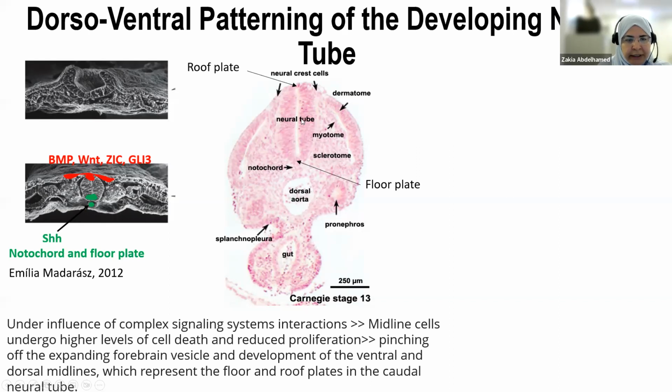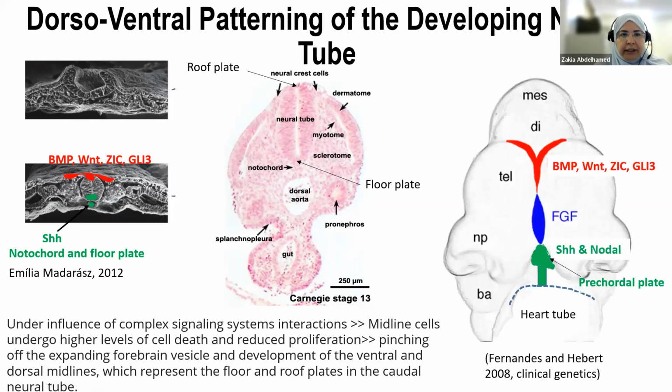This corresponds to the dorsal midline, and this is the ventral midline. Under this complex signaling system, the midline cells undergo a high level of cell death and reduced proliferation, and this leads to budding of the developing neural tube, and the formation of the floor plate and roof plate corresponding to the dorsal and ventral midline.